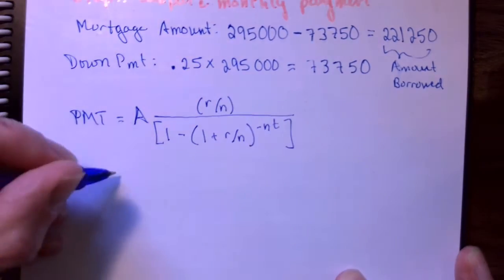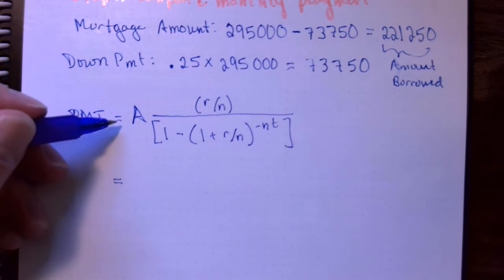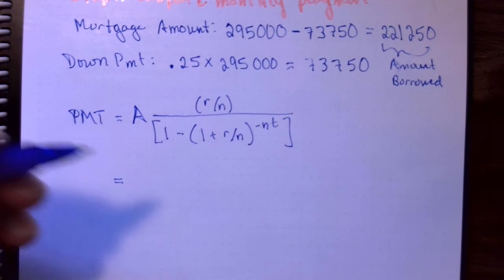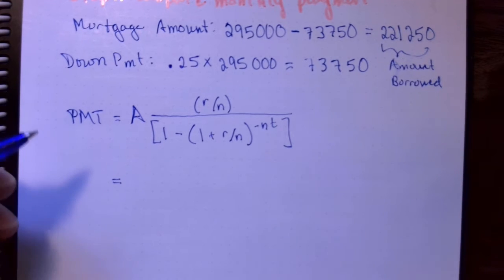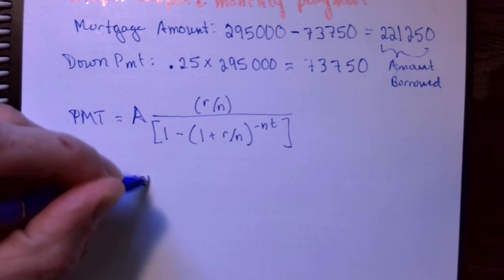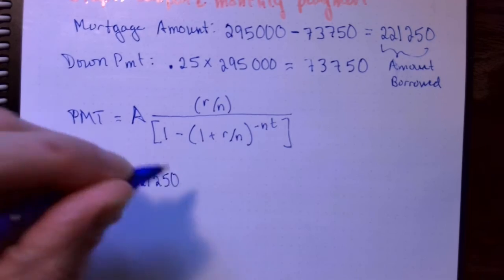Okay, there it is right there. You'll remember that A stands for amount borrowed. We just figured that out to be $221,250.